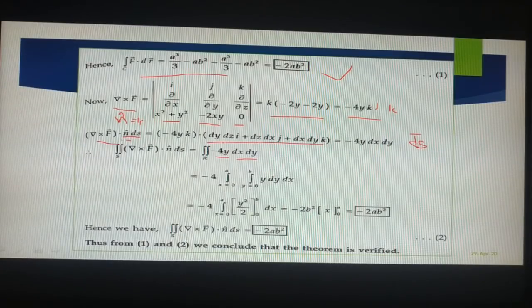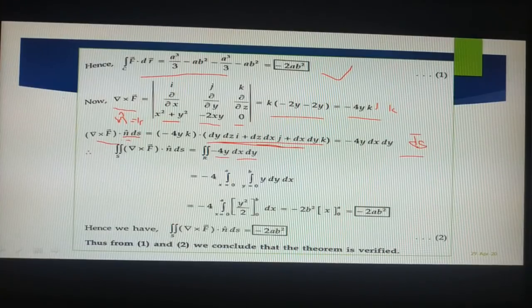Sometimes it may be parallel to the xy plane, or yz, or zx. For the ith component, change in y and z will be there, for the jth component z and x, and for the kth component x and y. So you can consider n bar dot ds as ds bar, and take this as a formula.